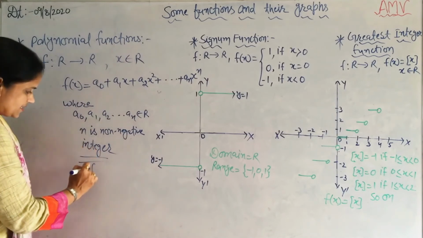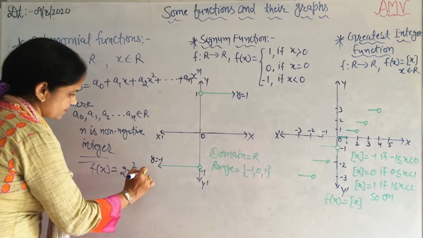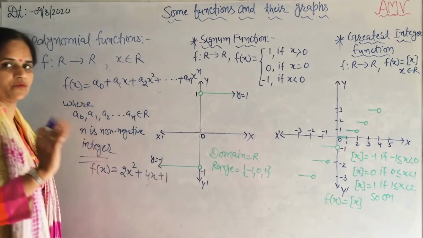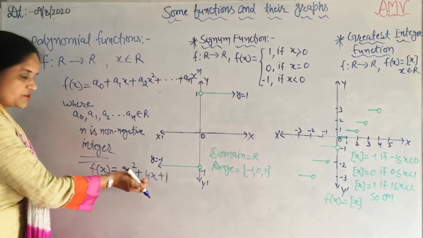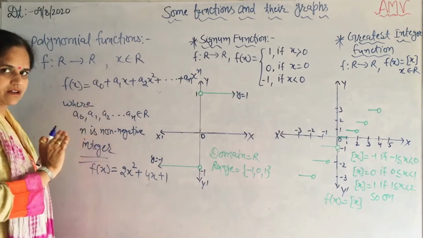Here if f(x) is given as 2x square plus 4x plus 1, then by substituting the values of x we can find f(x) and draw the graph.